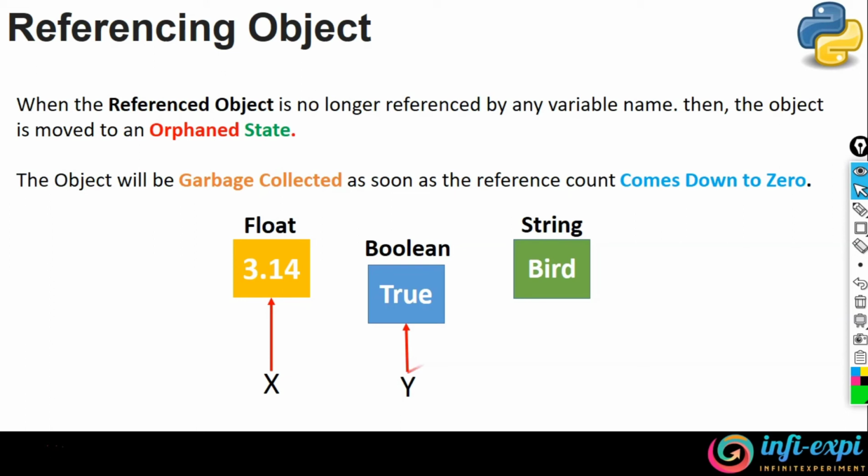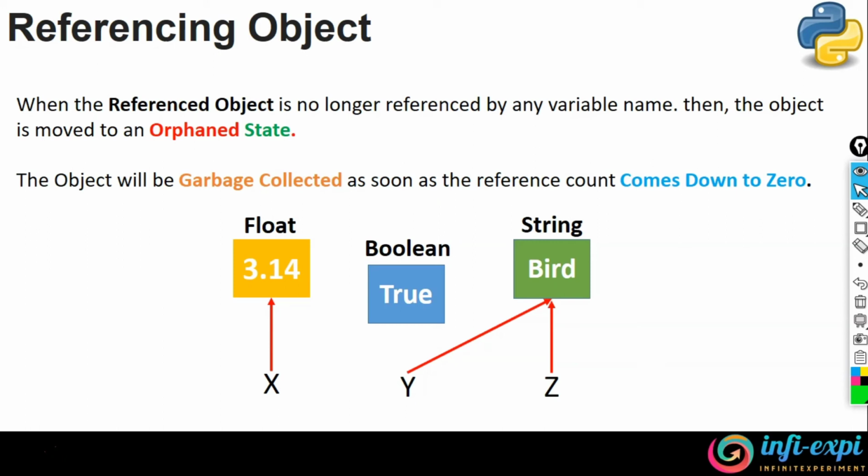Great. Now I have another flow where y is going to be pointed to the bird object, and so the Boolean object is going to be disconnected completely. y is going to disconnect the reference to the Boolean object and map to the string object. And I'm going to declare one more variable called z, and that z is going to point to the same bird object, I'm sorry, the string object.